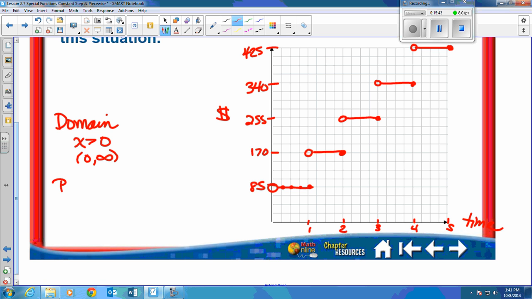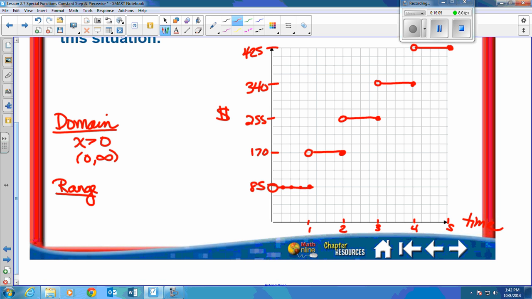Now, the range are my y values. What's the range? All right. So I could either list them 85, 170, 255, 340, 425. If I want to keep going, how can I write that?